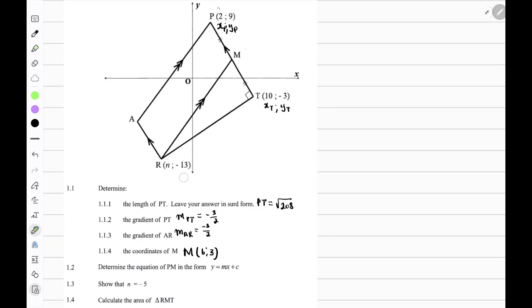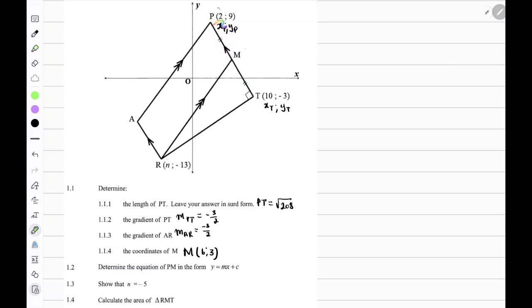So the next question says determine the equation of PM in the form y equals mx plus c. So let's identify the line PM. PM is this line here. So we need to find the equation of PM. But notice that P, M, and T are collinear, meaning there are 3 points that share the same line.